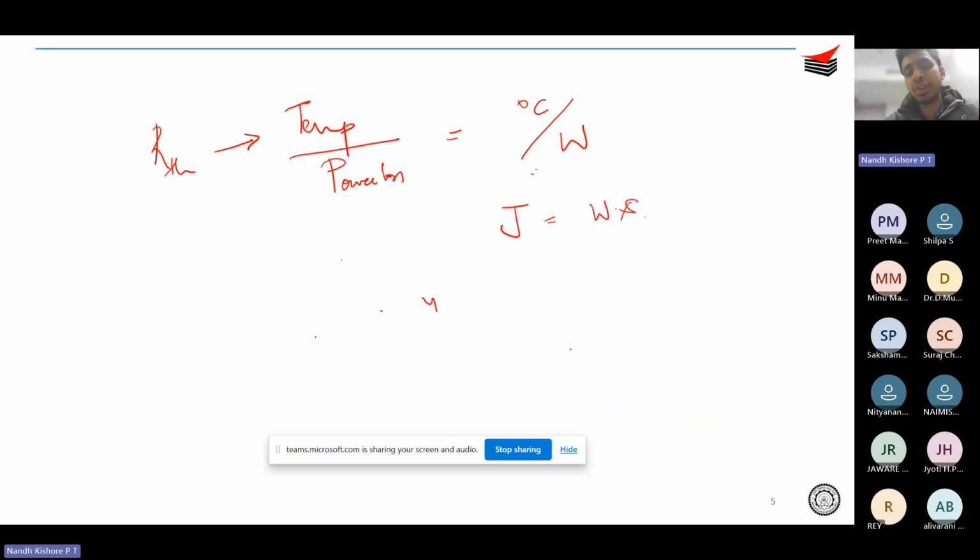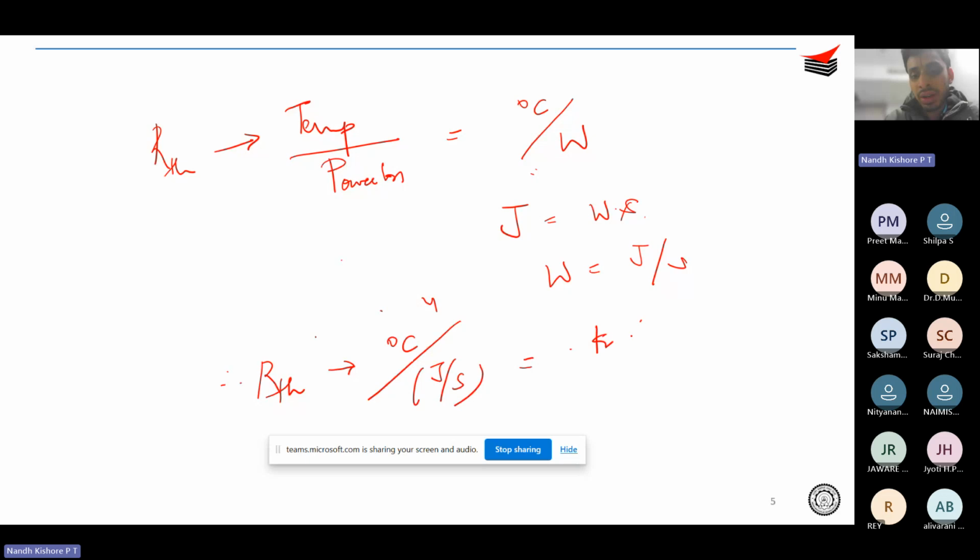That is the power into time equals the energy. Okay, so watt can be written as joule per second. Therefore, unit of R theta is going to be degree centigrade per watt, which is joule per second. Okay, or Kelvin per joule per second.